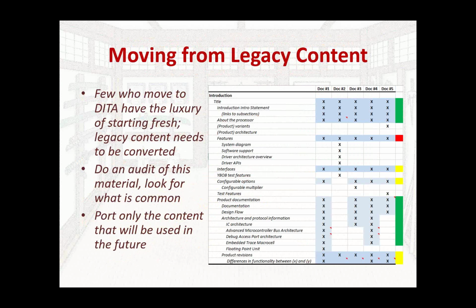What you see in this slide is a spreadsheet from work on a client several years ago, where I did a content audit looking at the similarities and differences for five different examples from a single document type, going through things phrase by phrase, sometimes word for word, and asking whether they actually exist within these areas. That's where the X's are. And the levels, the green, yellow and red, show whether there is high correspondence or low correspondence. From that, you can come up with a reuse plan for moving legacy content over.